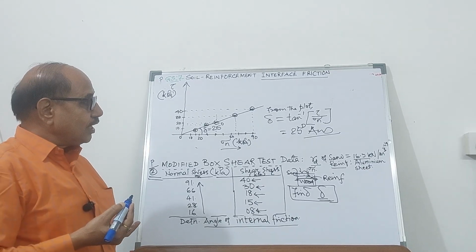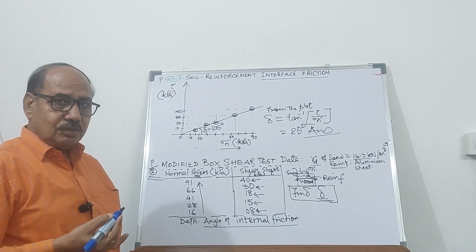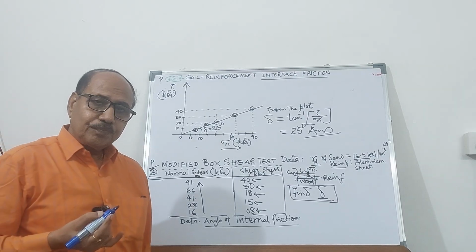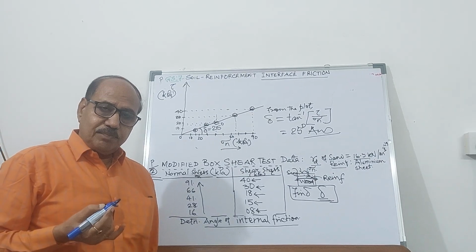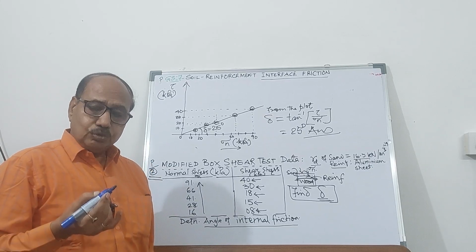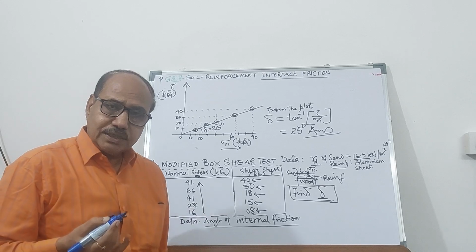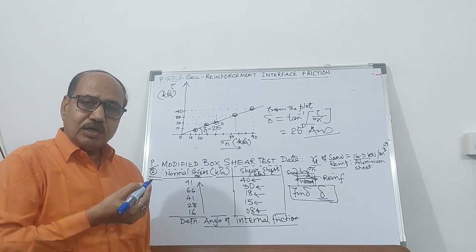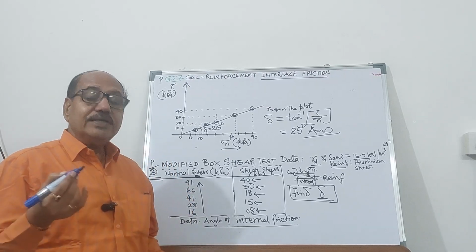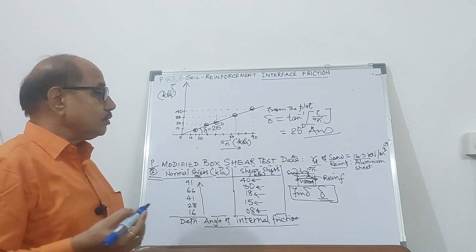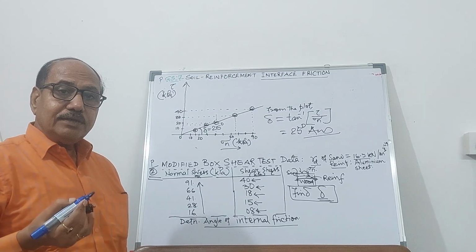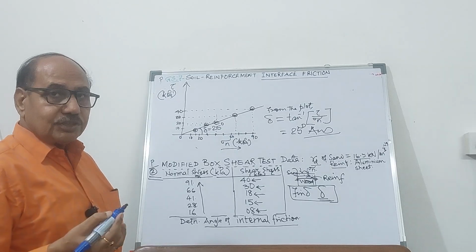T max divided by 2 times sigma V plus Q, where Q is the surcharge, into the length of the reinforcing element which you are pulling, multiplied by the width of the reinforcing element, gives you the apparent coefficient of friction.